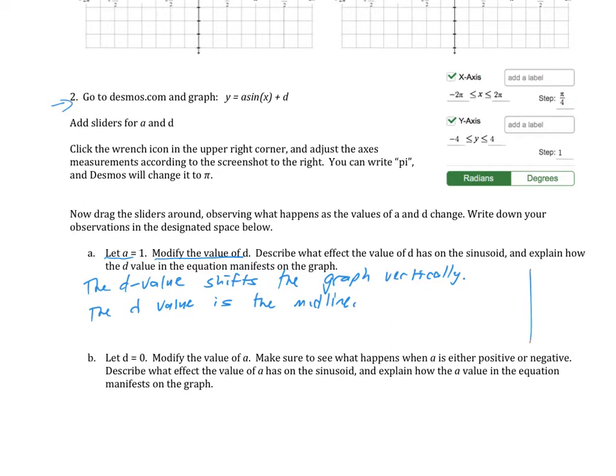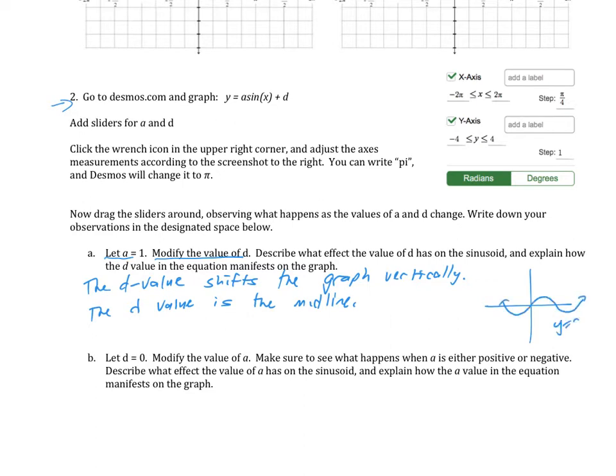So if we have some sort of sine function, let's say we have a sine function. Normally our graph of sine x goes like this.